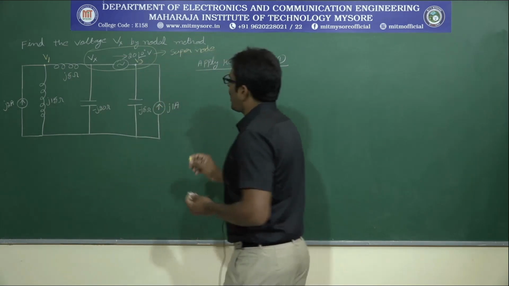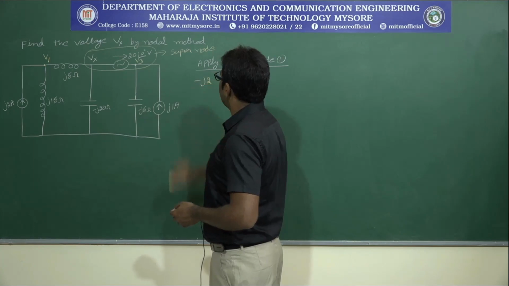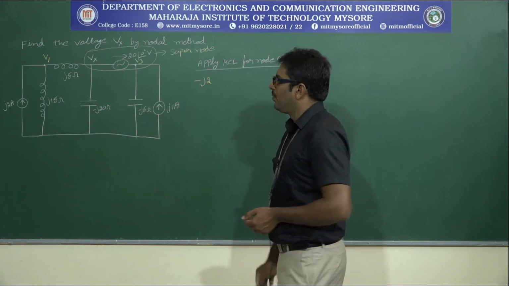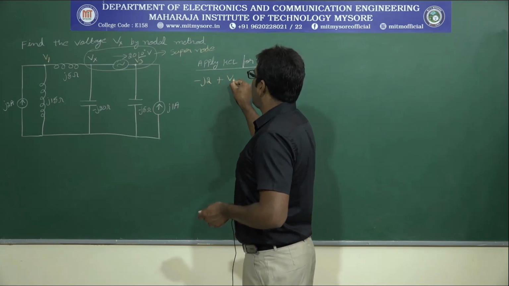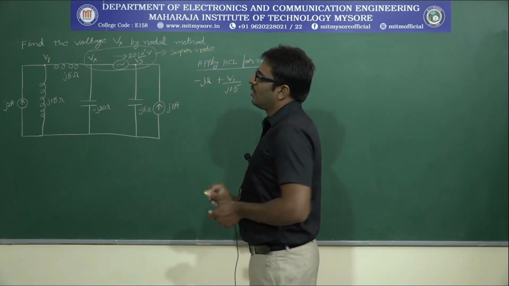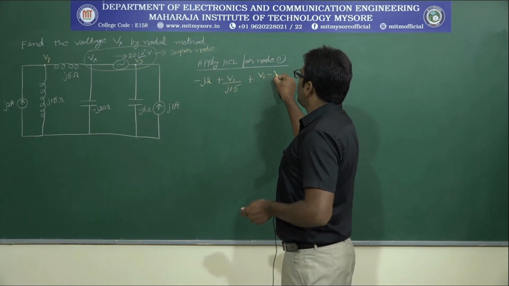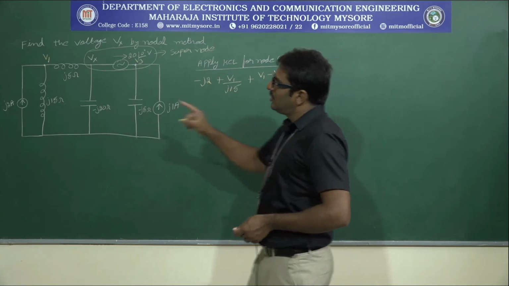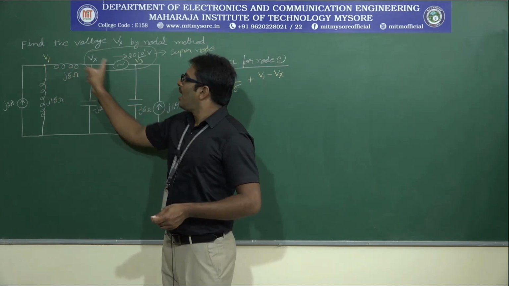That's why, what is the sign? Minus J2, plus what is the current in the second branch? V1 divided by J15. What is the current in the third branch? Yes, V1 minus Vx, because this J5 ohm inductance is connected between V1 and Vx.